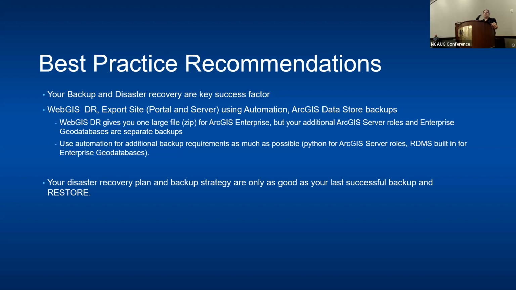There are some tricks you can do to manage your environment, such as using host files inside Windows systems to mimic the URL that you're serving your enterprise and data from, and then you can restore from a WebGIS DR backup to the new system.